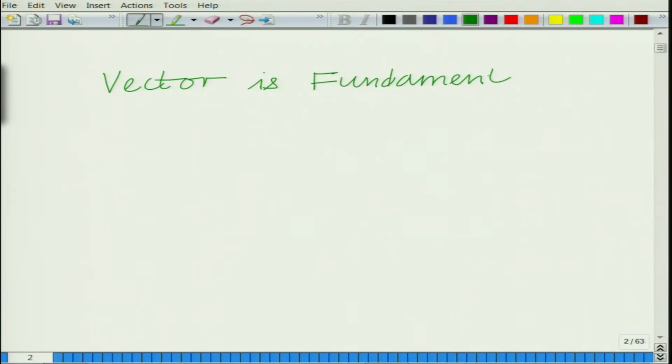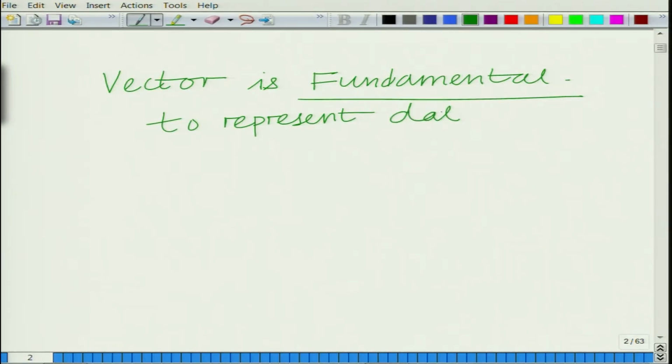Alright. So, when we talk about linear algebra, the notion or concept of vectors, correct. So, a vector, or basically an n dimensional point, is fundamental to represent data.